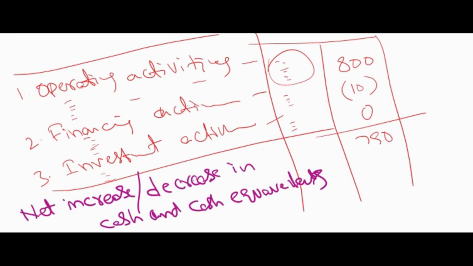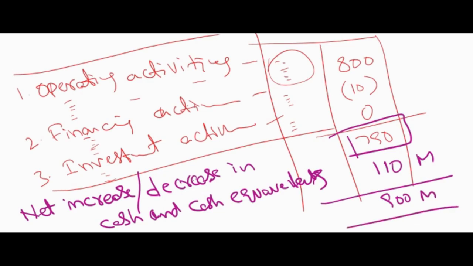If you have a different value at the beginning of the period, let's say you have cash and cash equivalents at the beginning of the period of around 110 million, then the total cash equivalent at the end will be 900, right? So this is all about the cash flow statement.